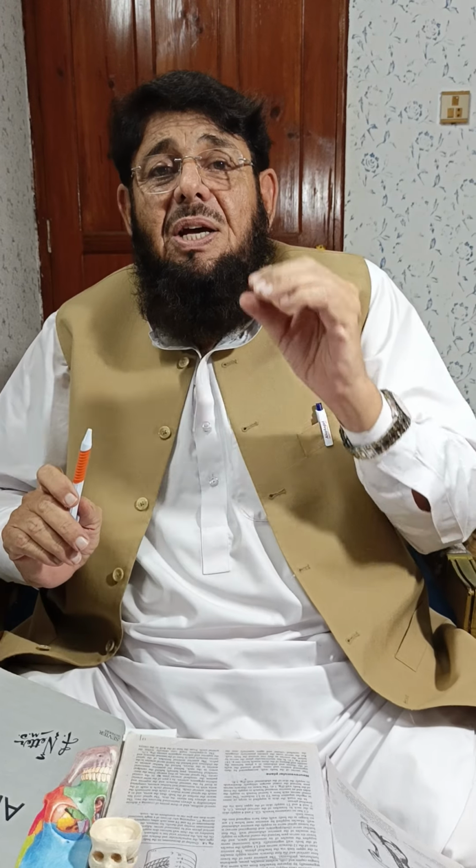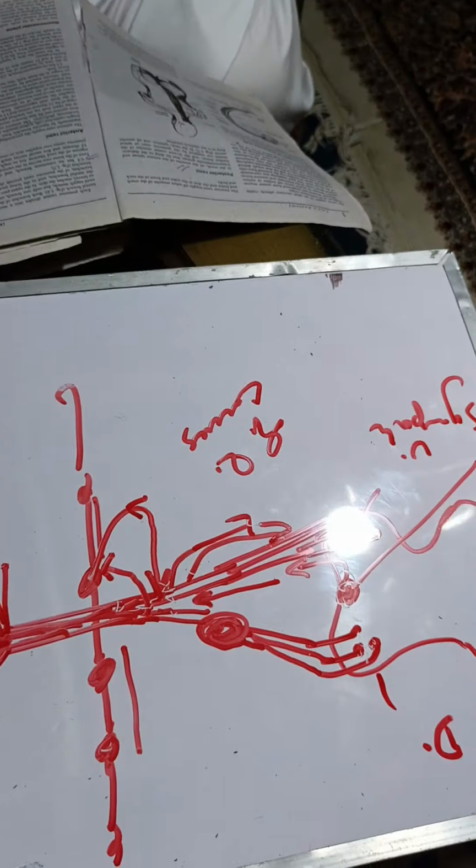Then the S2, S3 and the fourth spinal nerve, when it originates from the intervertebral foramen, has the preganglionic parasympathetic fibers which originate from the lateral horn cells present in the S2, S3 and S4 segment of the spinal cord.